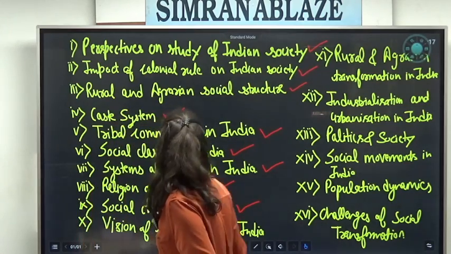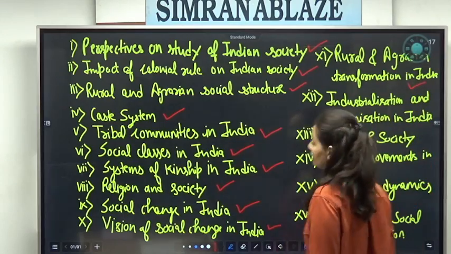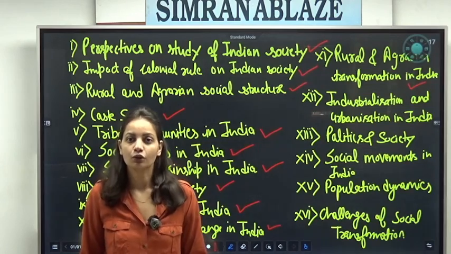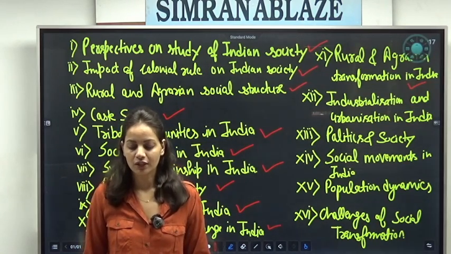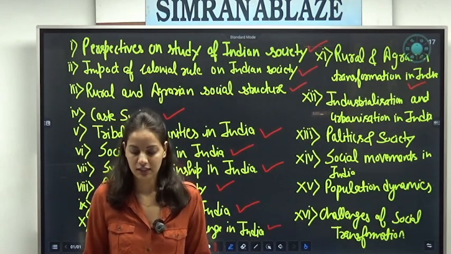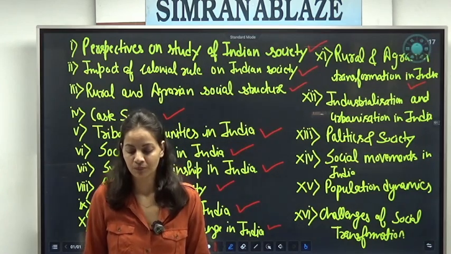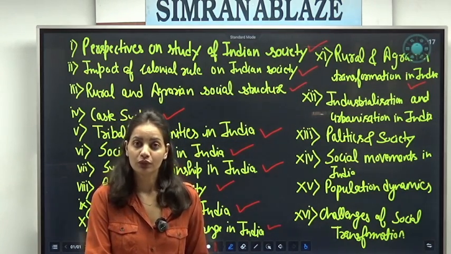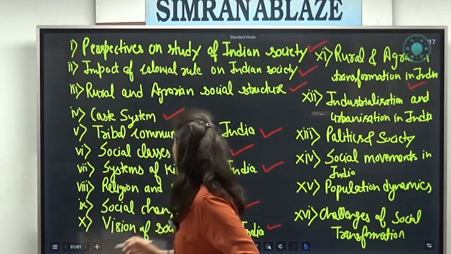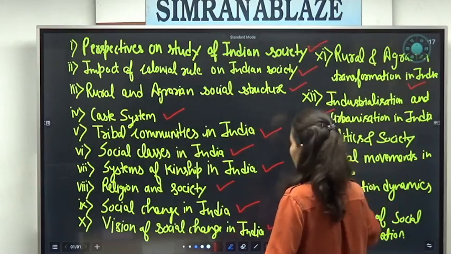And next we study the rural and agrarian transformation in India. In this we study about rural development, the community development program, cooperatives, poverty and poverty alleviation schemes, etc. We also study about the green revolution and social change, and also the problems of rural laborers, bondage, migration, etc. So our next chapter is industrialization and urbanization in India.